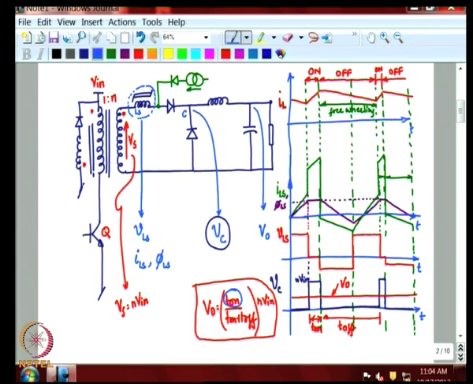So, this is controllable, like a variable duty cycle function, and therefore, the output can be regulated by controlling this T on, which means by controlling this current rate. That is precisely what we will be doing. Controlling this current will control basically the T on of the local switching, which will control the output voltage.